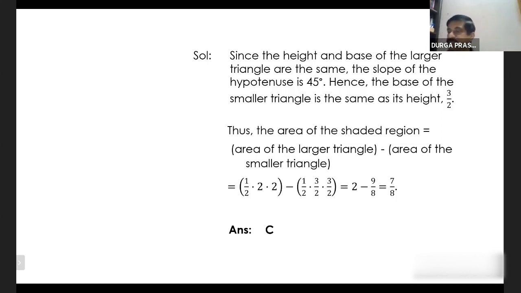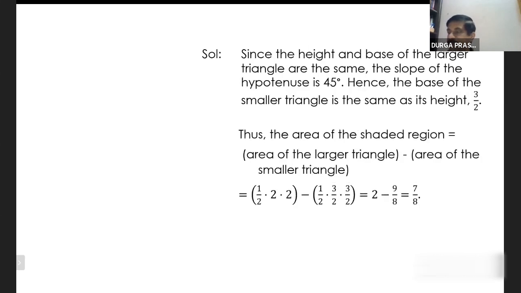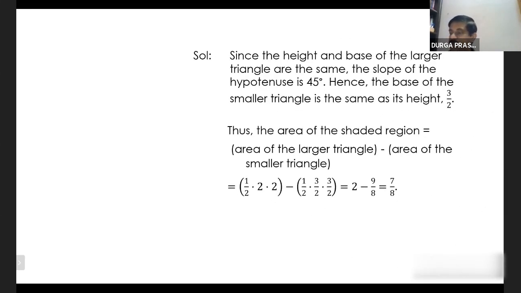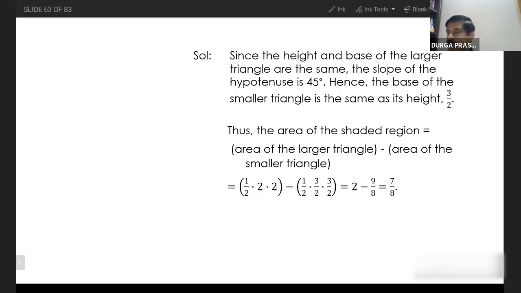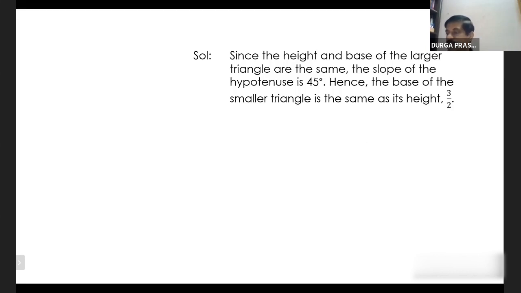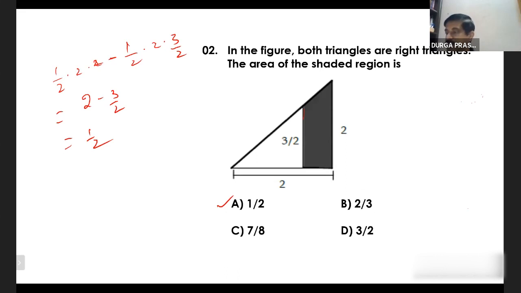Children, there is a small change we need to look at. See, this length is the base; we cannot take 2 for the second one. This is not the correct option.